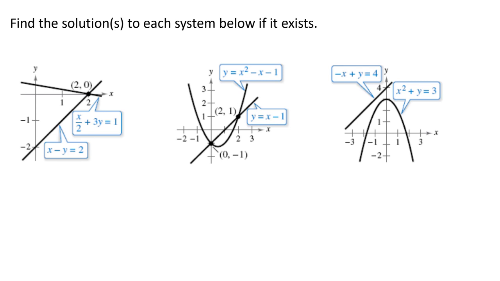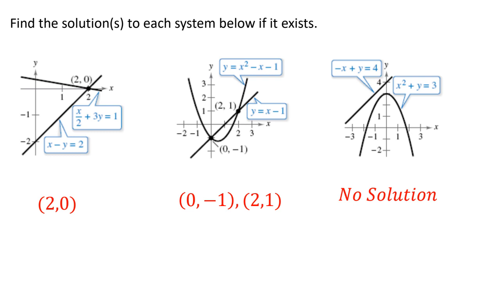This would be our solution set, because we have two answers where these two graphs intersect. In this last example, we have a linear equation with another quadratic equation, but these two graphs do not intersect. So this is what we call no solution.